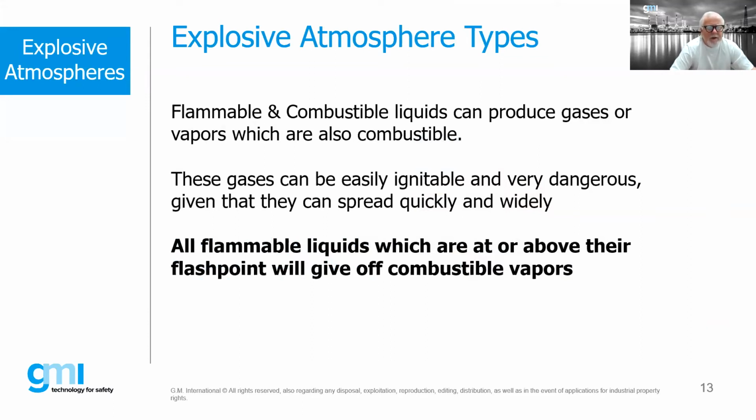You'll hear this term in the EX world. The flash point is the point at which combustible vapors start to form from a liquid. So generally we're talking about combustible gases or liquids, for example liquefied natural gas.